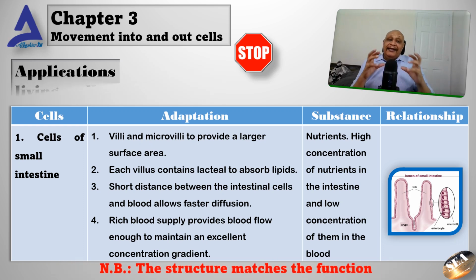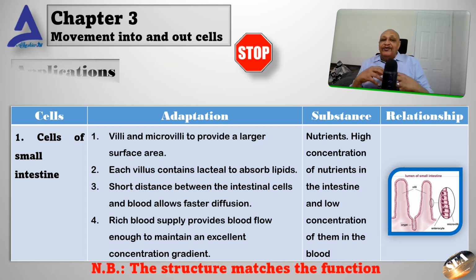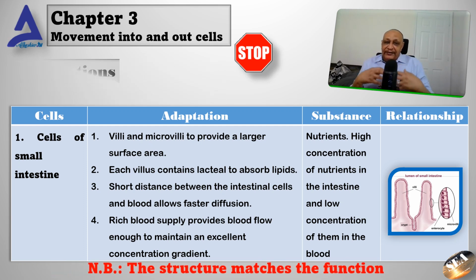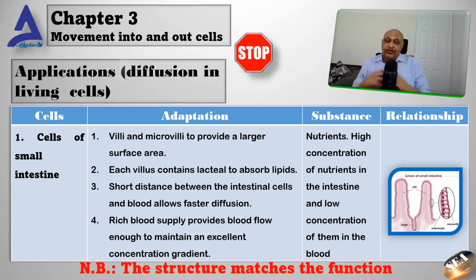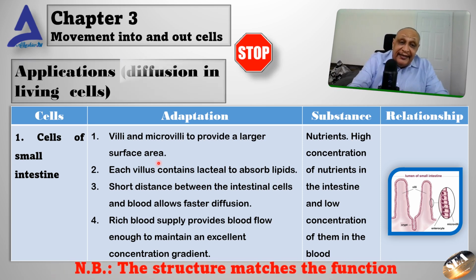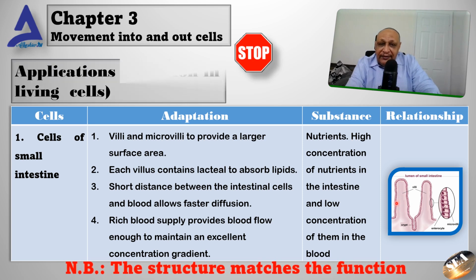So in the cells of the small intestine, how do the cells get use of diffusion as a vital process? First, there is the villi. This finger-like projection is the villi.